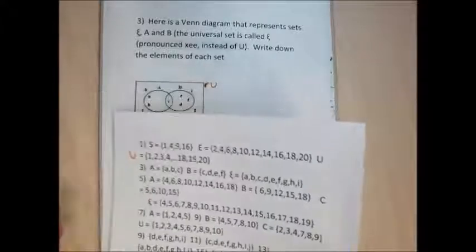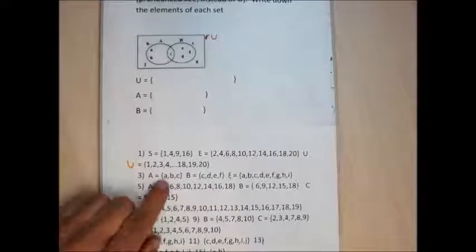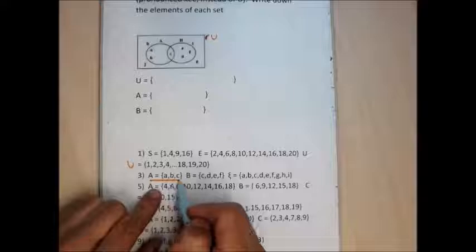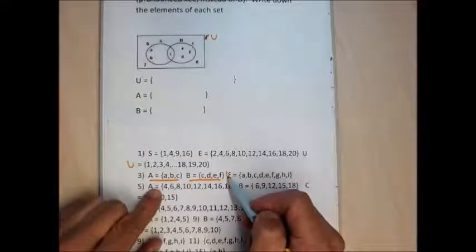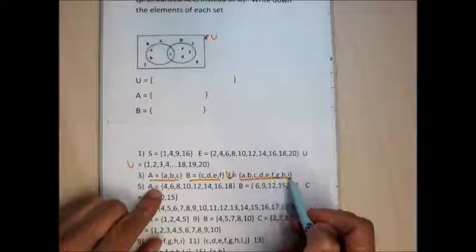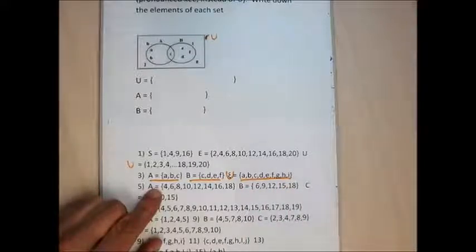And if you want to check your answer real quickly, for A, I had that set. For B, I have that set. And for U, I'm going to have the letters from A through I. So you should be able to do that, hopefully, without too much effort.